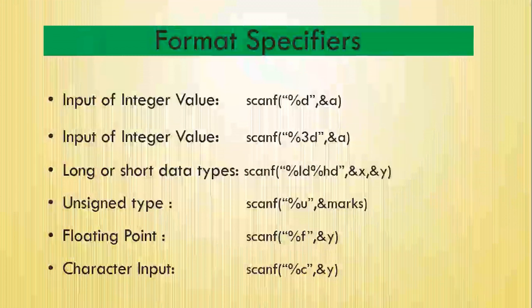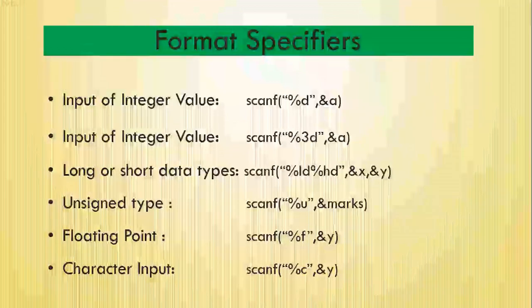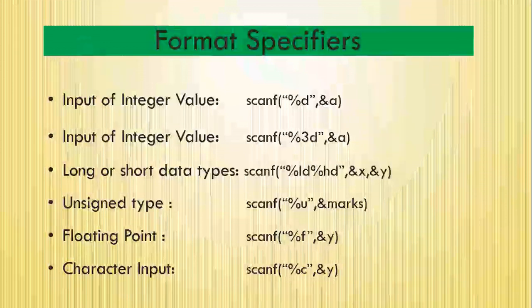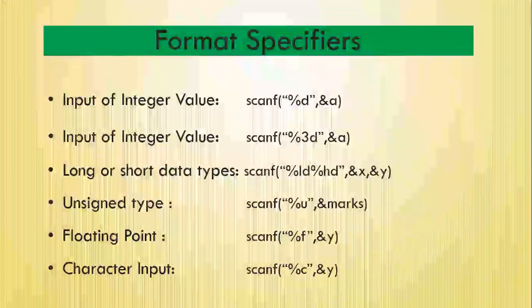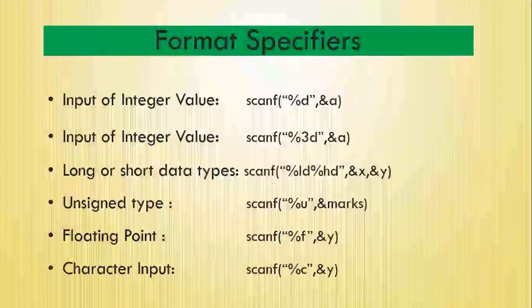Here the number to be input for y is, suppose, 50, then 50 will be stored at the address of y. If the value to be supplied to x is 360.4, then 360.4 will be stored at the address of x, meaning a floating point value.